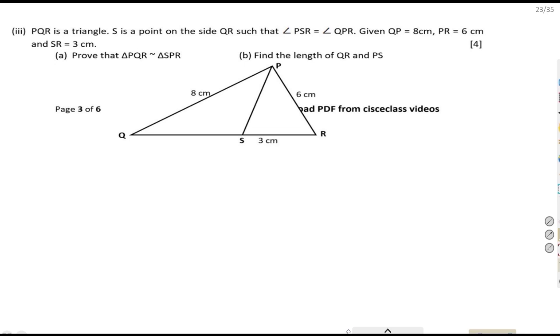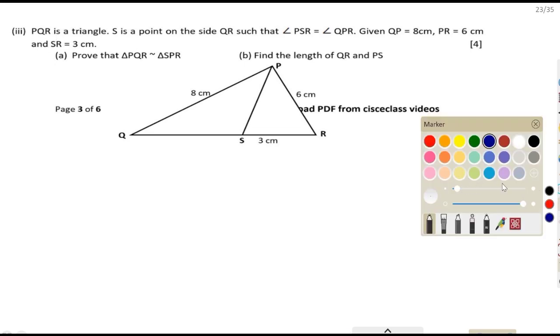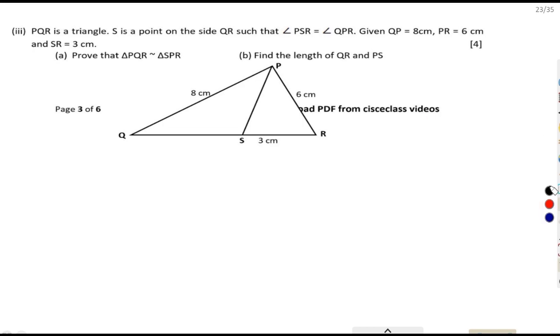Third part of this question. PQR is a triangle. S is a point on side QR such that angle PSR is equal to angle QPR. PSR, this angle is equal to QPR.